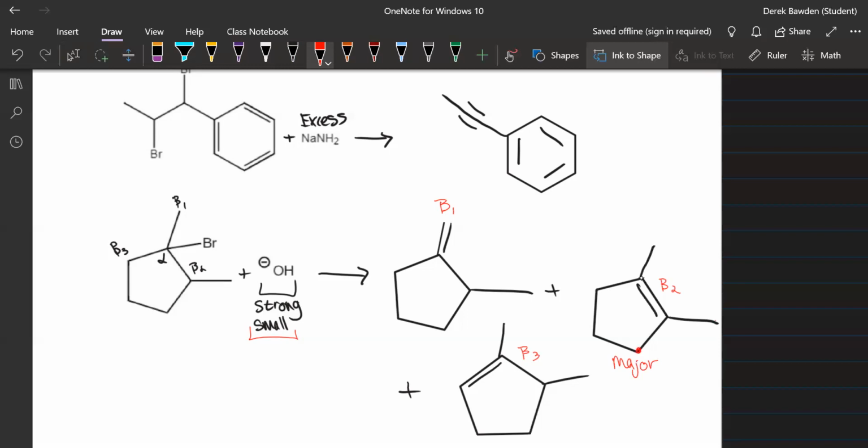It's got 1, 2, 3, 4 carbons on all sides of its double bond. So that means that it's going to be tetra substituted, and that's going to be our major product. Awesome.